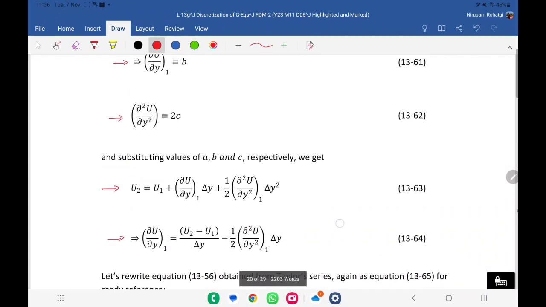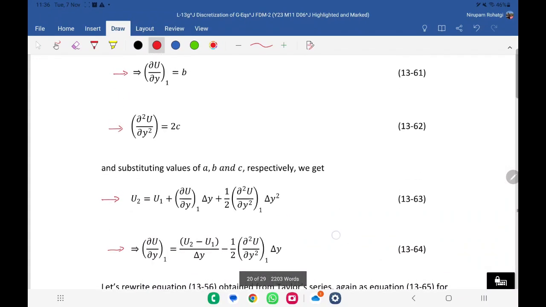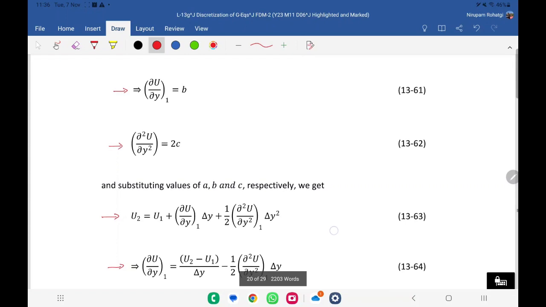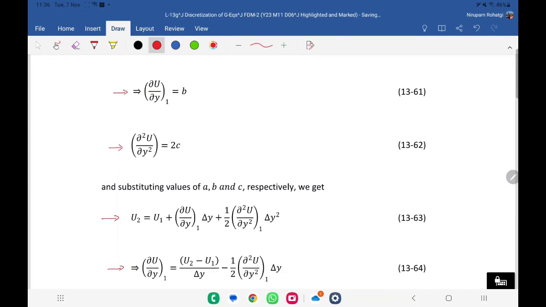So what we have done is, you have equation u is equal to a plus by plus c delta y square, right?